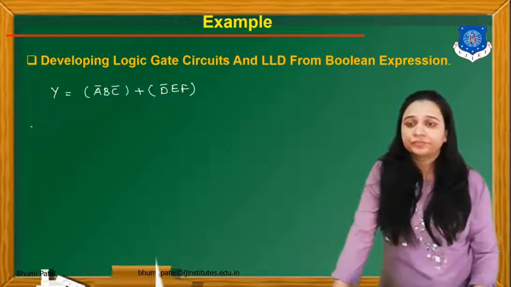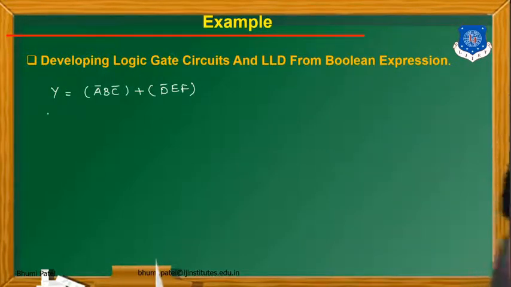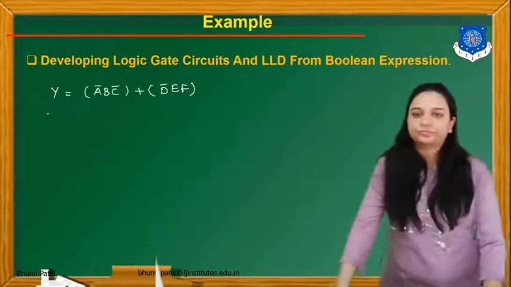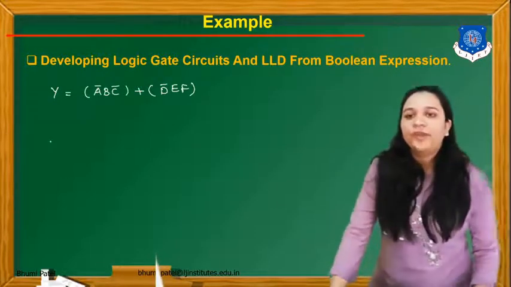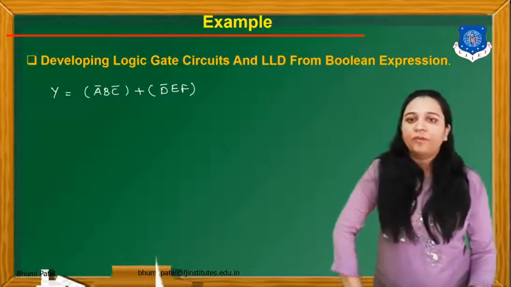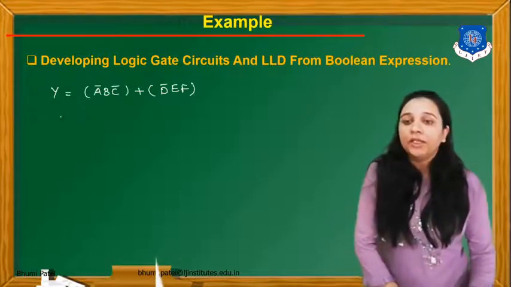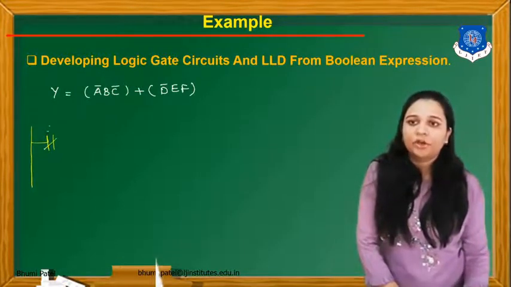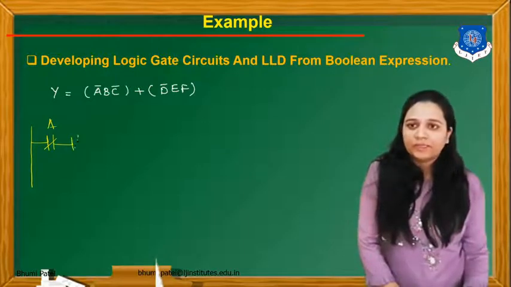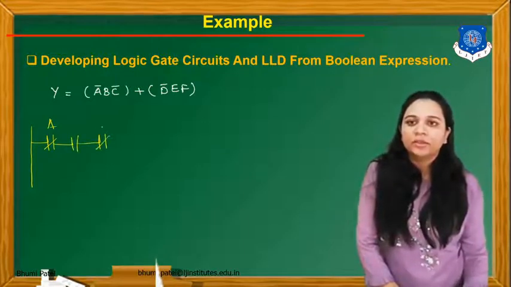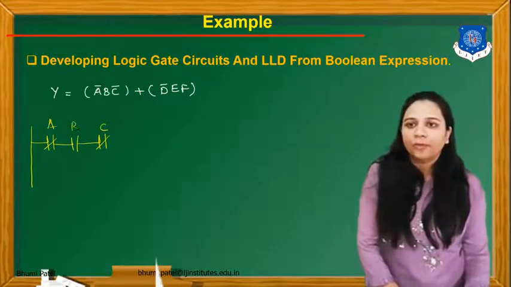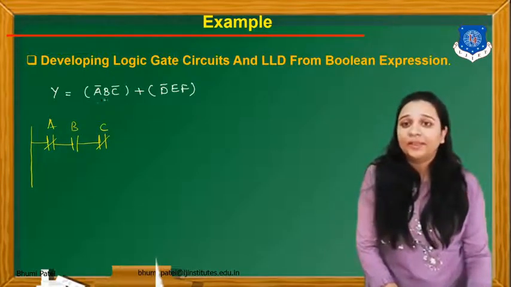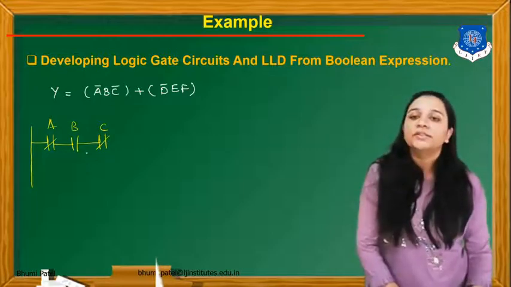First of all we have to draw a ladder logic diagram. For a bar into b into c bar, we put a bar, that means a normally closed contact, b, that means a normally open contact, and c bar, a normally closed contact, in series connection.